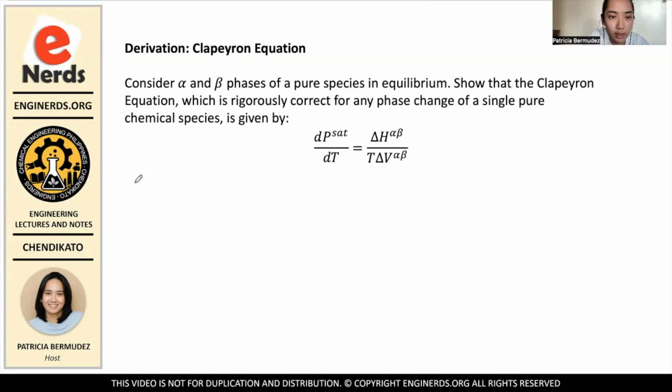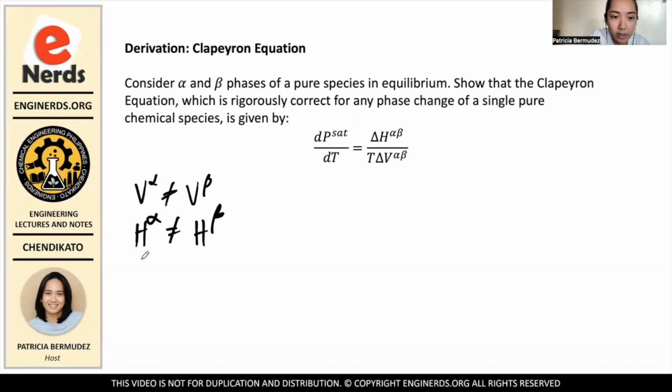We know that the volume of the chemical species in phase alpha is not equal to the volume of the chemical species in phase beta. Similarly, the enthalpy, which is H, of the species in phase alpha is not equal to the enthalpy of the species in phase beta.